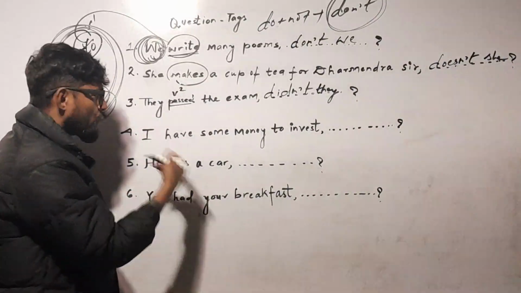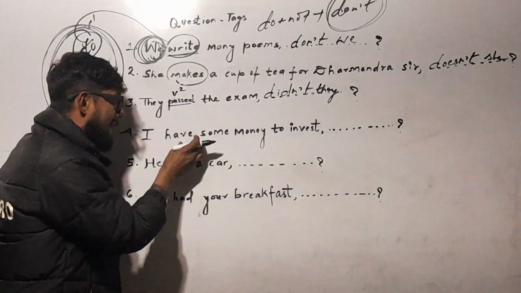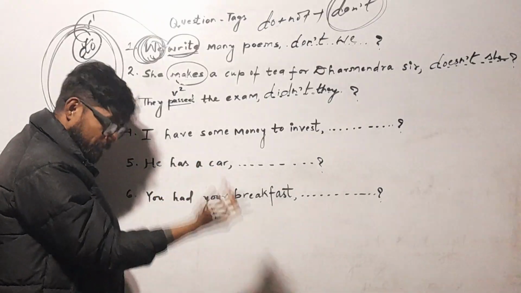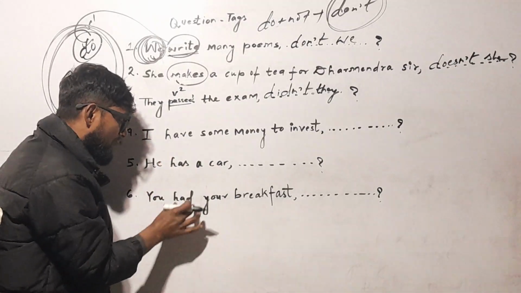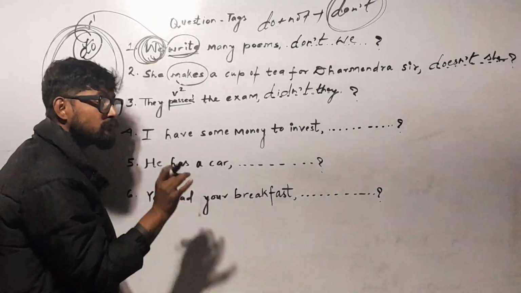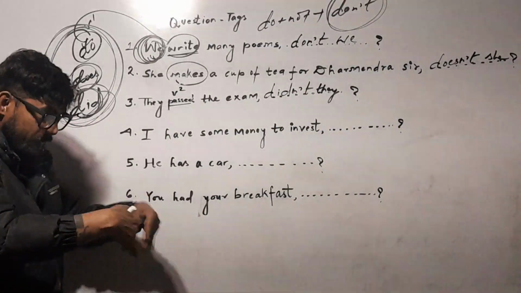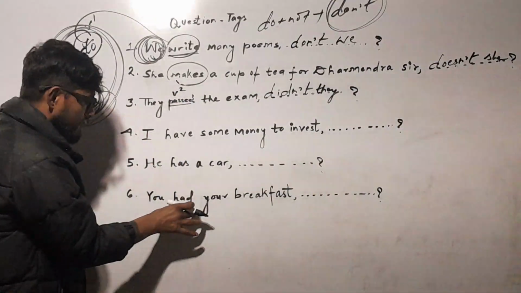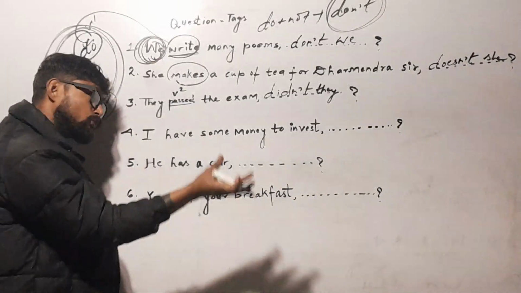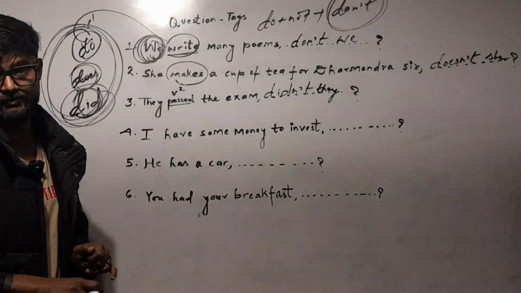So when we get verb 3 after has, have or had, once again, when we get verb 3 after has, after have or after had, then that is our sentence of perfect tense.